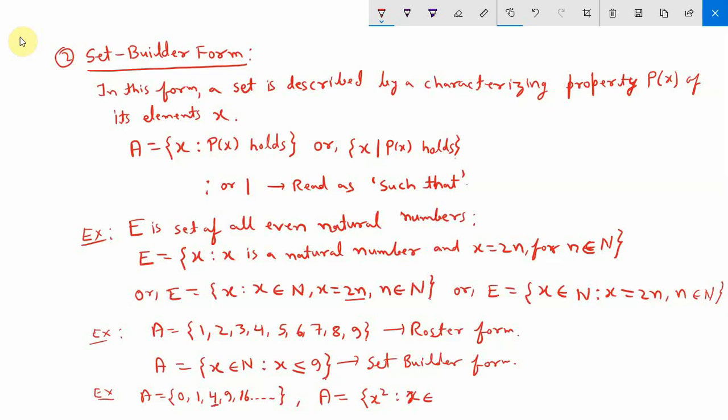Minus 2 squared is also 4, and minus 3 squared is also 9, even plus 3 squared is 9. So x will be an integer. So we can write x is an element of Z. Okay friends, so we have discussed set builder form. Next we will discuss a problem. Write down the problem.